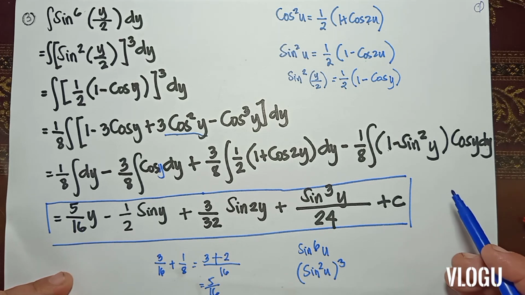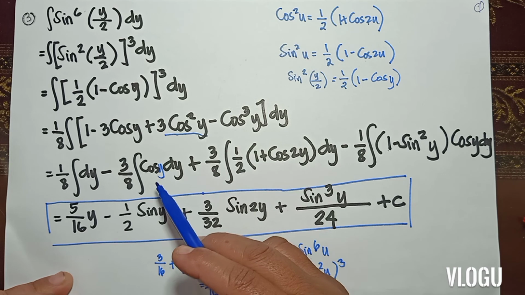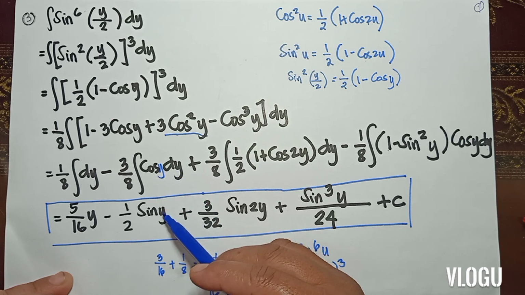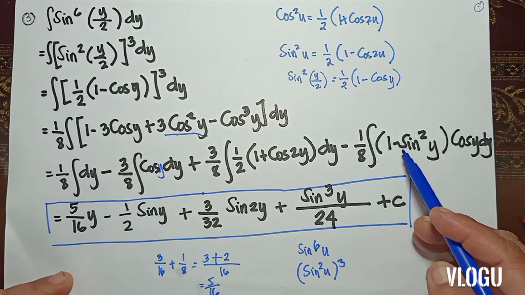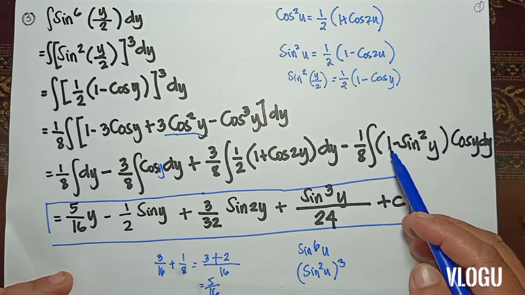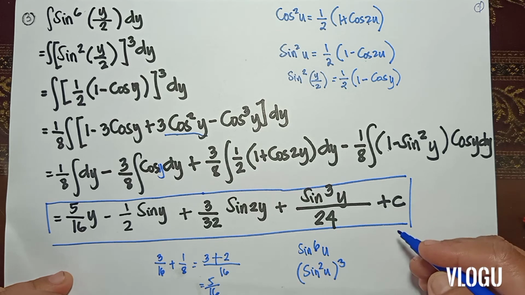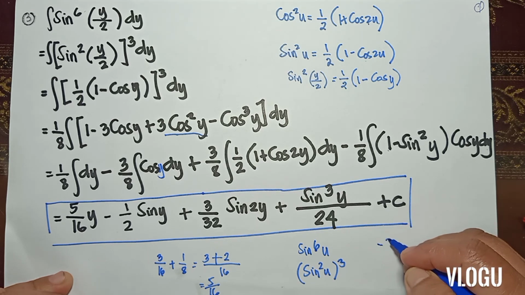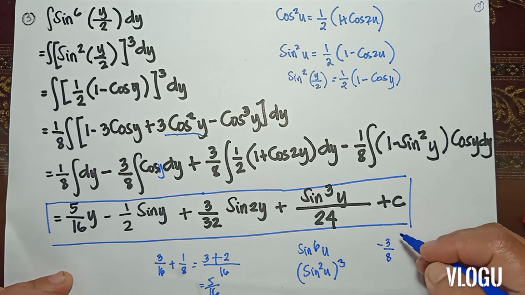And then the integral of cosine y dy is sine y. Then you will have negative 3/8 times the integral of cosine y, which is sine y.